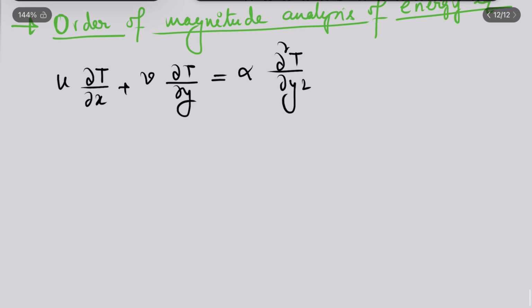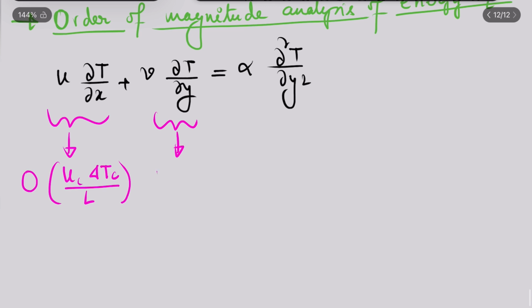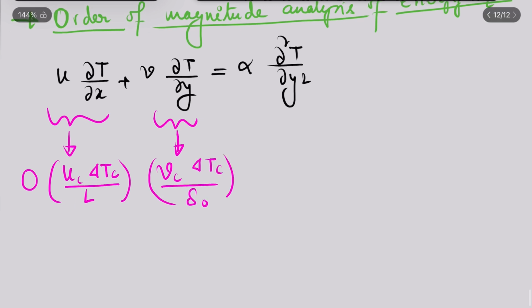This is very easy. Now what will be the order of magnitude of this term? This will be UC delta TC by L. The order of magnitude of this term is VC delta TC by delta naught.